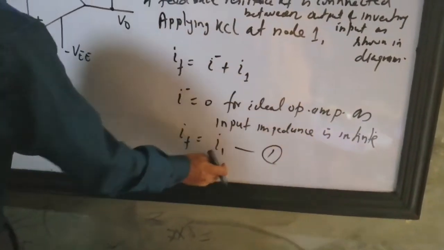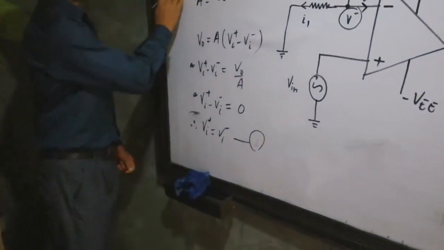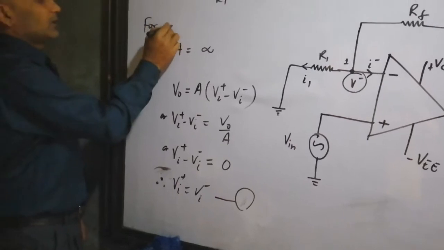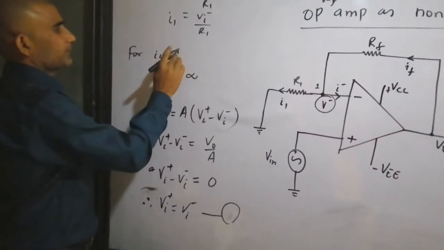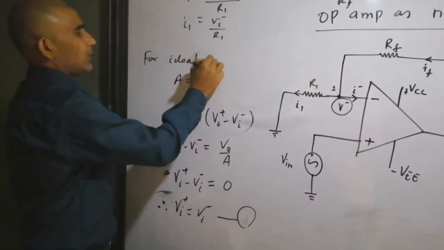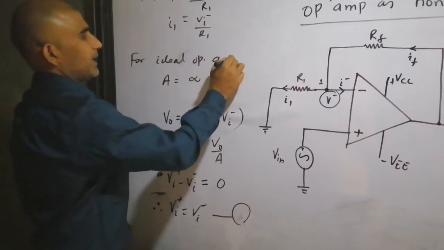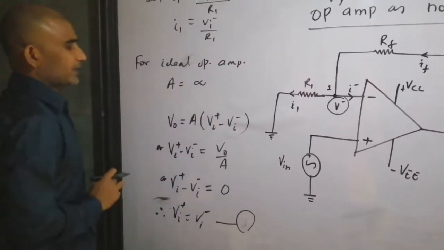First you write this equation 1, and then we have to write here for ideal operational amplifier. For an ideal amplifier, we can write A equal to infinity.